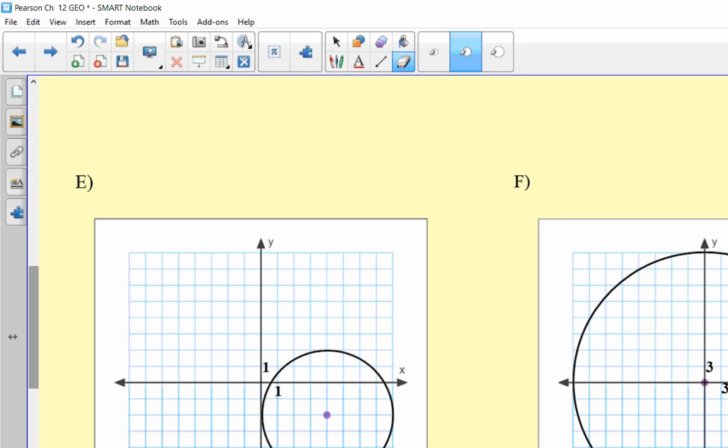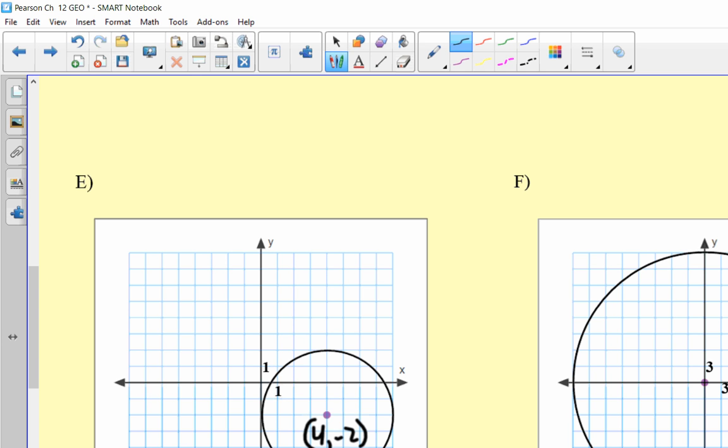They're giving you a specific point, and let's identify this point as the center. So it's 1, 2, 3, 4, 1, 2. So the center of this circle is 4, -2. That's my H, K.